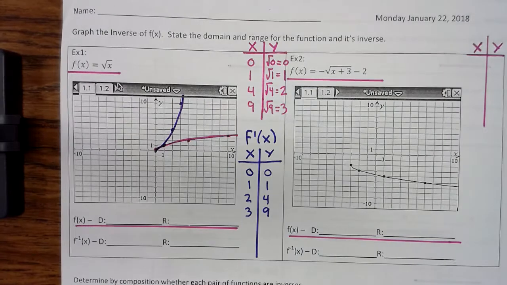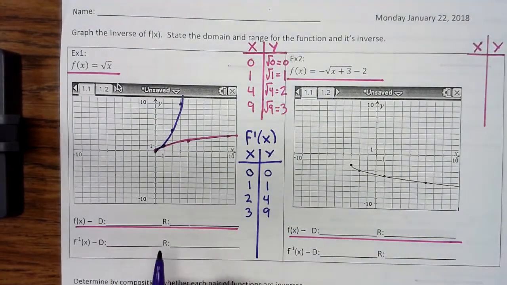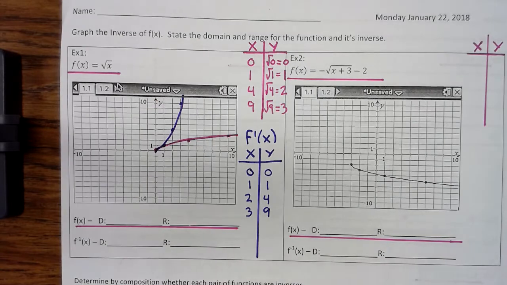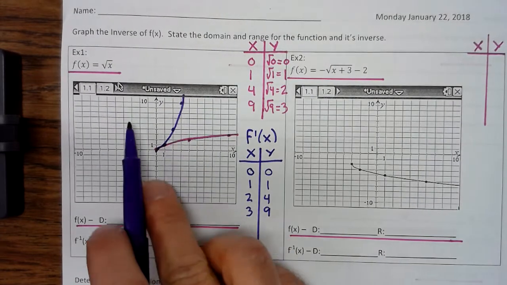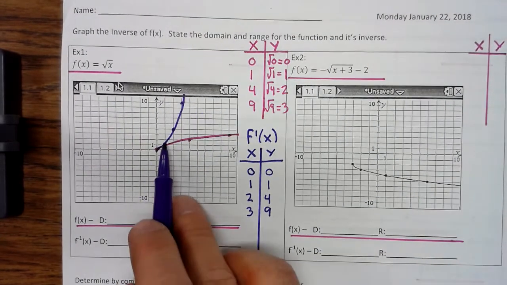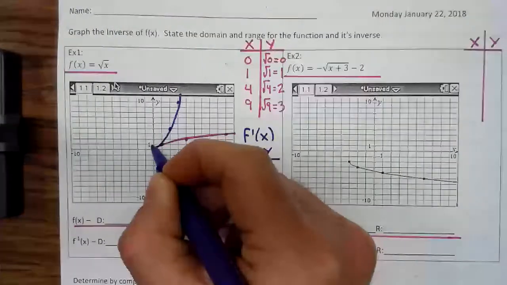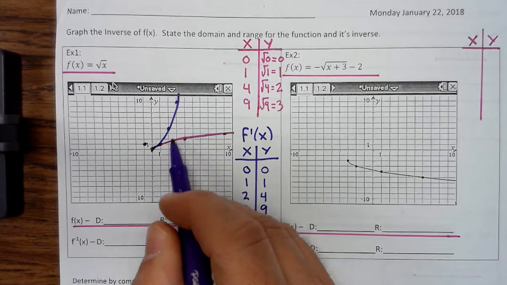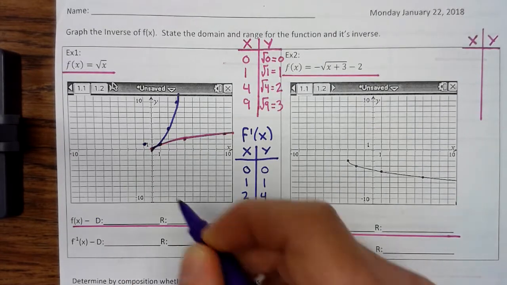Now, this inverse is incomplete because the inverse of a square root is a quadratic. And we know this quadratic is a U shape. So we have to graph the mirror points. Well, the mirror of 1, 1 would be negative 1, 1. The mirror of 2, 4 would be negative 2, 4.